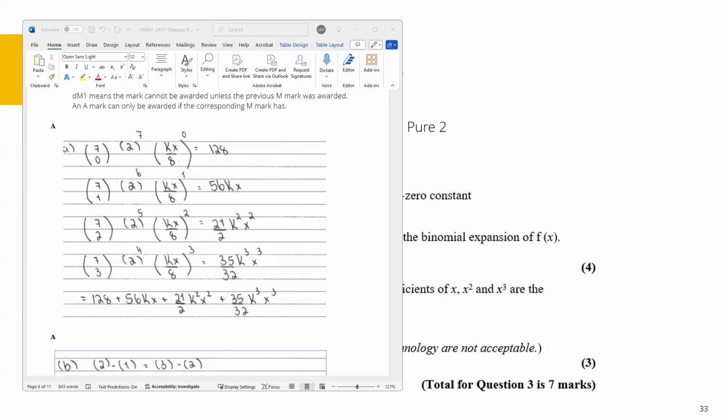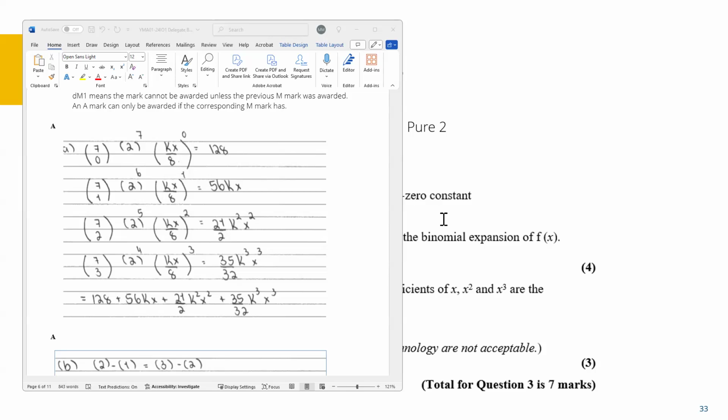I'll give another second in case anyone's typing. Based on this student's work that we can see, what did you give that student? I'm not sure if there's a delay here.